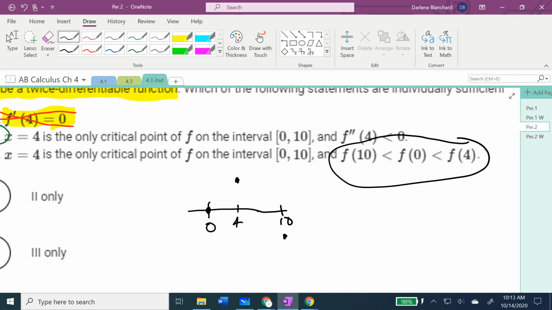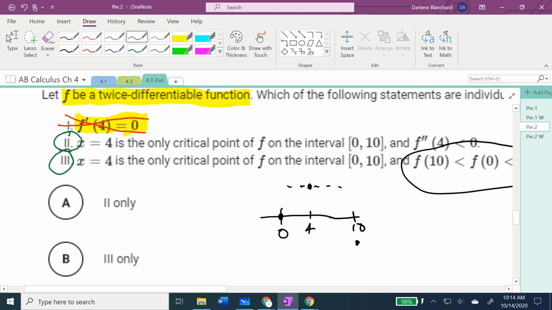And because I've got full differentiability, I've got a 0 slope at 4. So if I've got a horizontal tangent line here, and I have no other critical number, must I have an absolute maximum at 4? Yes.